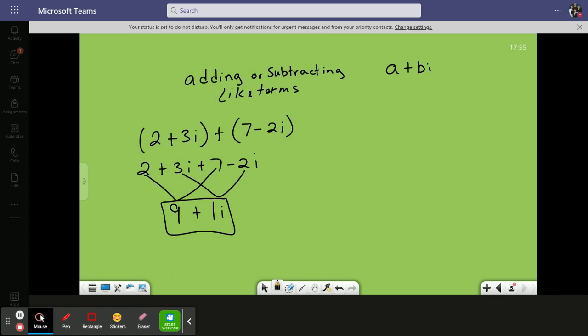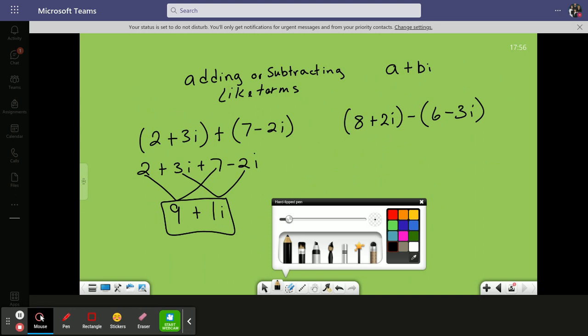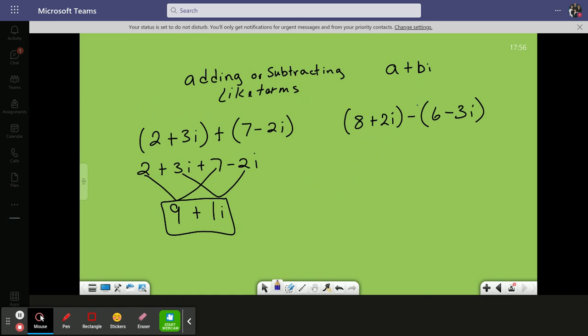Now, on both of these, there was positive in front. What if it is a negative? What if I have 8 plus 2i minus 6 minus 3i? Switch the signs. I do have to switch those signs. Why? Because I've got to distribute a -1 there, right?